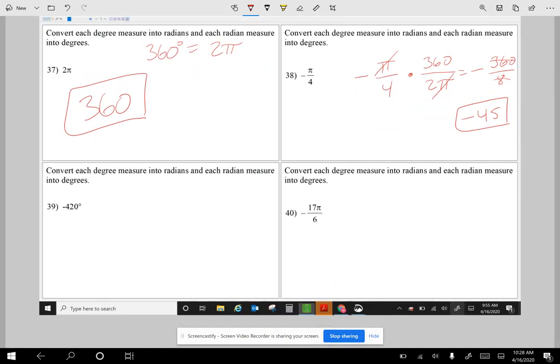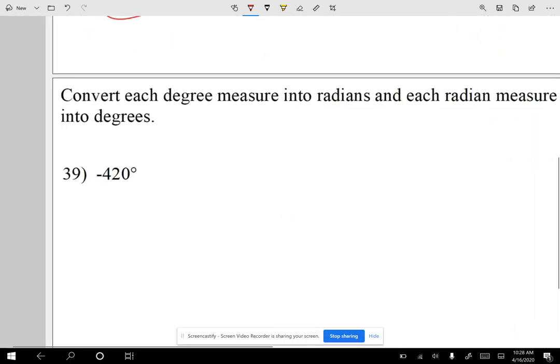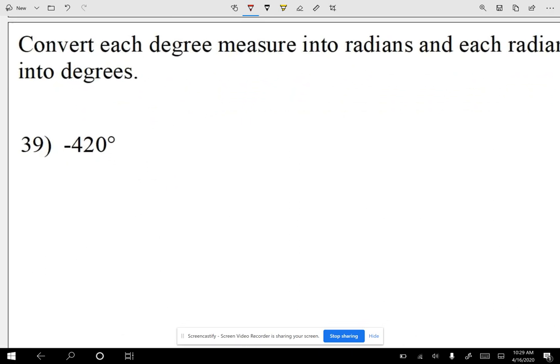All right, let's take a look at number 39. It's given to us in degrees. So to begin with, I have negative 420 over 1, because I'm going to make it a fraction. The other thing I have to do is use 2 pi and 360. I don't want to get rid of pi's this time, so I'm going to put the 2 pi on the top and the 360 at the bottom.